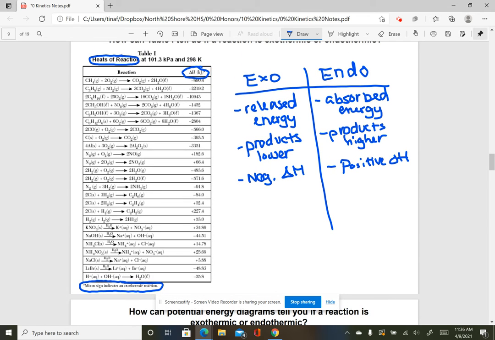Something else that you might see, guys, if you're given a reaction that's not on table I, you might start seeing numbers or the word energy written in the reaction. And where it's written in the reaction is going to tell you if the reaction is endothermic or exothermic. So exothermic means energy is being released. We're creating energy. Energy is a product.